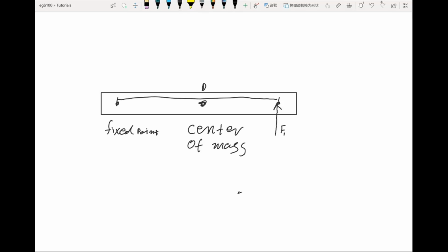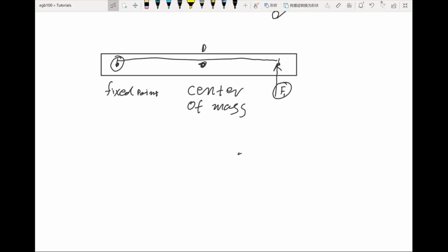Say it's like an axle that goes through there. So this is an axle here, and this is a force. Center of mass is here.